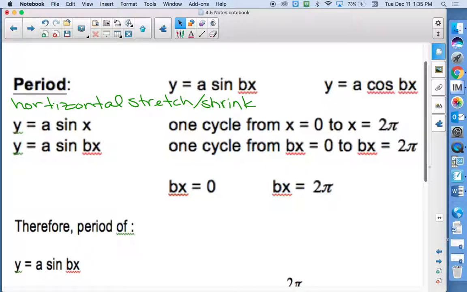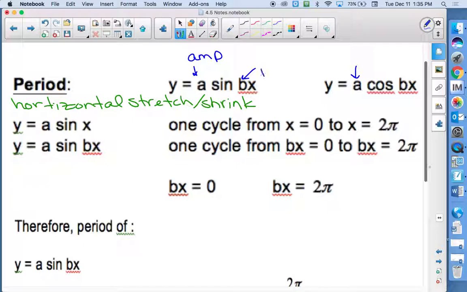So you see the 2 equations. We're now adding the extra letters. So the A changes the amplitude. A is for amplitude. The B changes the period. And then again, we'll start adding a C and a D to have 4 different translations of a graph.